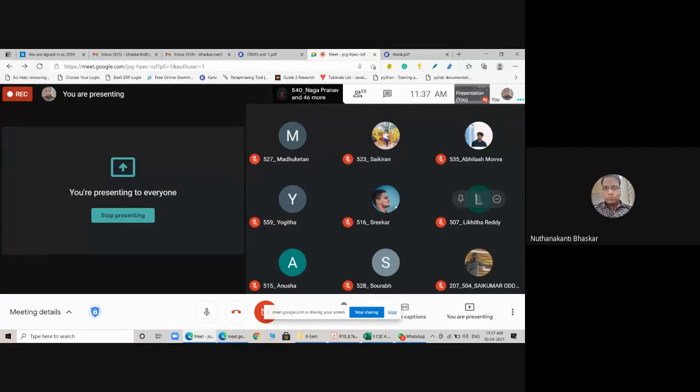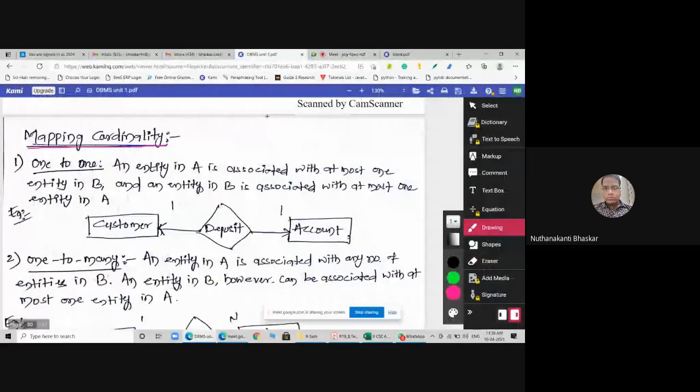Respond quickly. Because it has a collection of entities. Yeah, the combination of all the students, exactly. If I want to find one particular entity out of that entity set, we have to define that student's hall ticket number so that we can identify that entity uniquely.